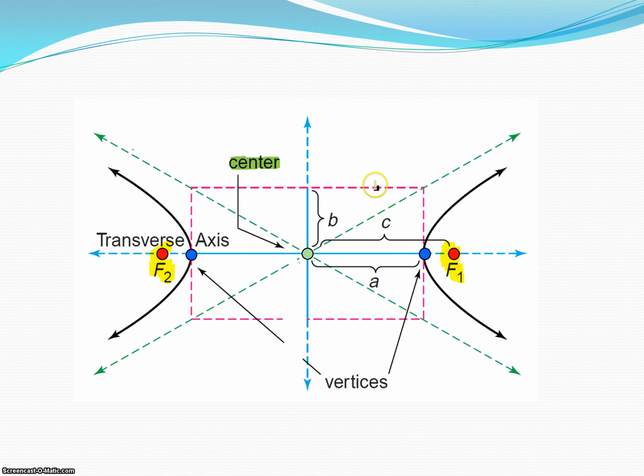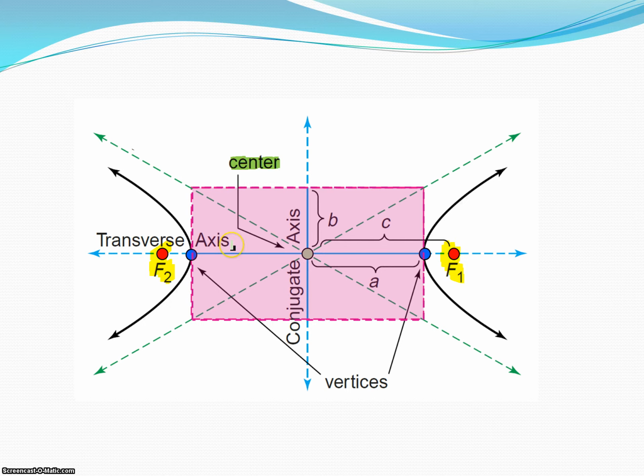Now, this pink box and these green dashed lines really don't have anything to do with the graph of the hyperbola. They're sort of imaginary lines that help us to see the shape of it or the direction of it. So c is the distance out to the foci, but this distance going up and down is called the conjugate axis.